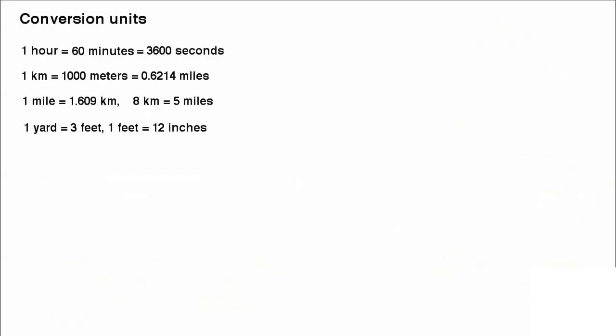To solve questions on time, speed and distance, you should know these basic conversion units. First of all, 1 hour is equal to 60 minutes and 1 minute is equal to 60 seconds, so 60 multiplied by 60 is equal to 3600 seconds. 1 kilometer is equal to 1000 meters, and 1 kilometer is equal to 0.6214 miles.